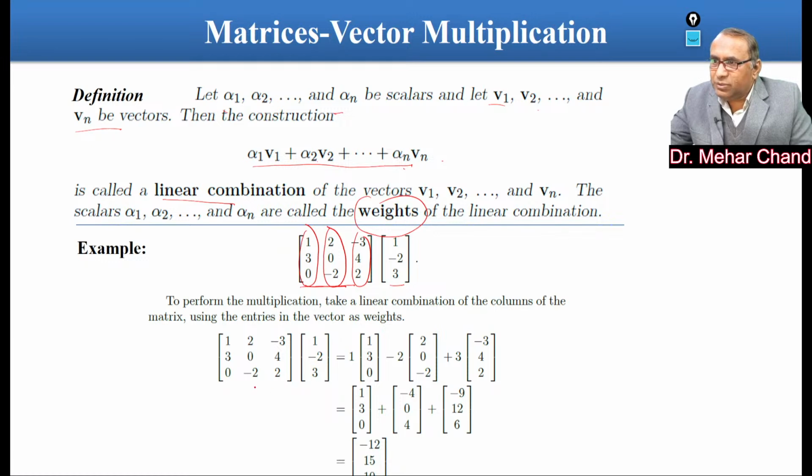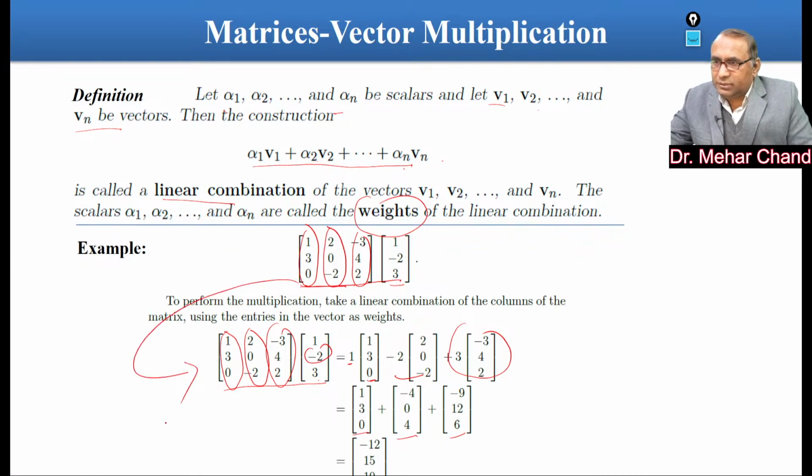So when you do this operation, you can see these are multiplied by 1 here, and these are multiplied by minus 2, this part, and these are multiplied by 3, this part. When we add these 3, we have this one. So if you want to find the linear combination, you proceed in this way.